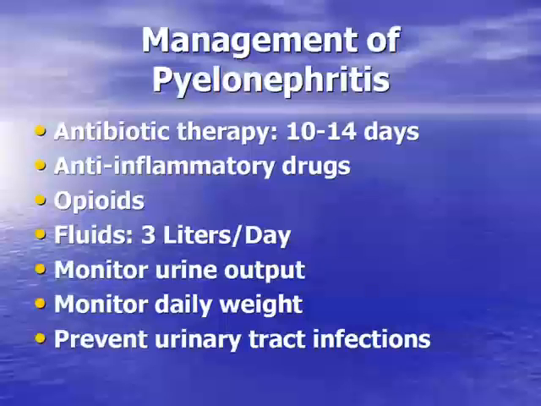Patient may need opioids in addition, increasing fluids, watching urine output, watching for edema, and daily weight for fluid retention, and trying to prevent the patient from developing urinary tract infections. Many patients that develop pyelonephritis will actually require hospitalization.